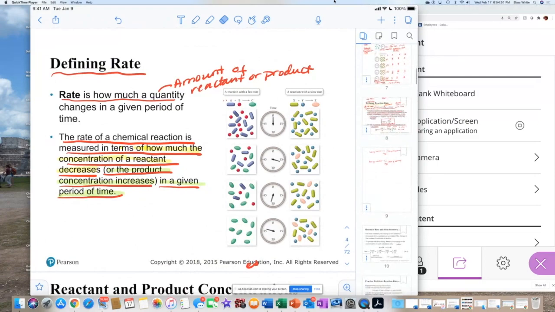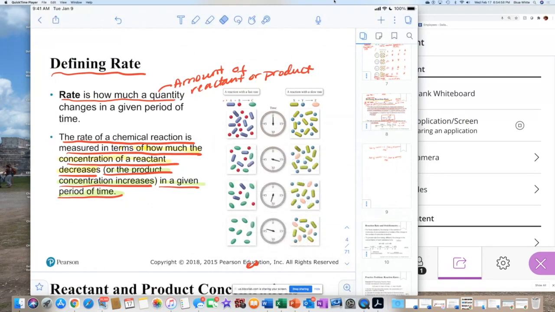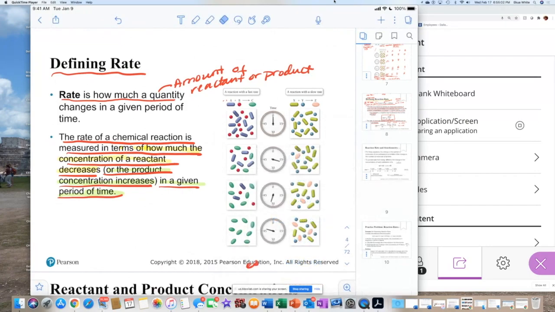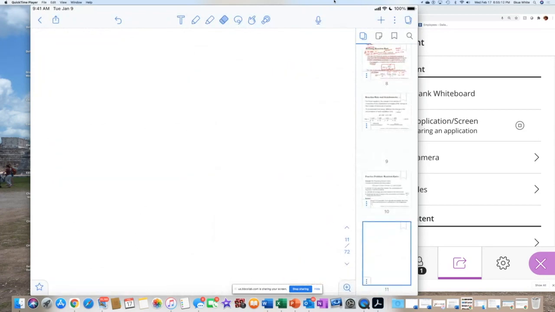I just wanted to have this move down. Okay, let me add a page down here. That's okay. I'll add this right here, and I'll deal with it when I get to it.